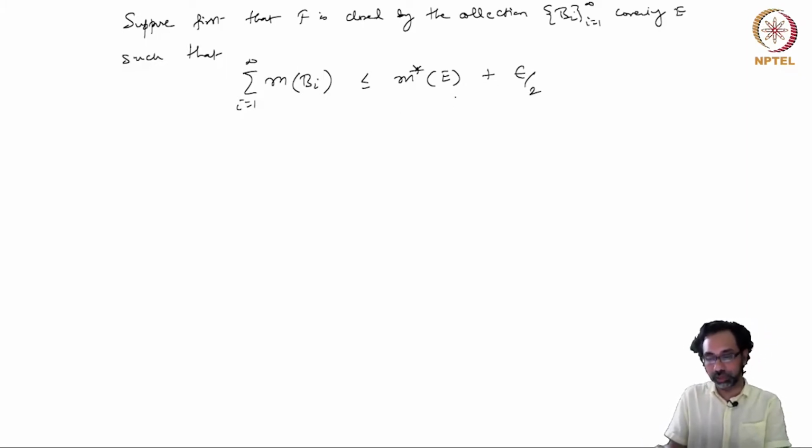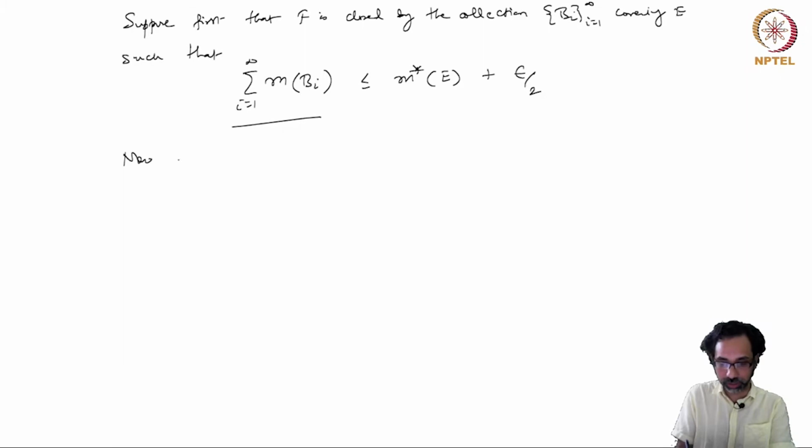So we can choose such a countable collection of boxes Bi covering E such that the infinite sum is bounded above by m star E plus epsilon by 2.